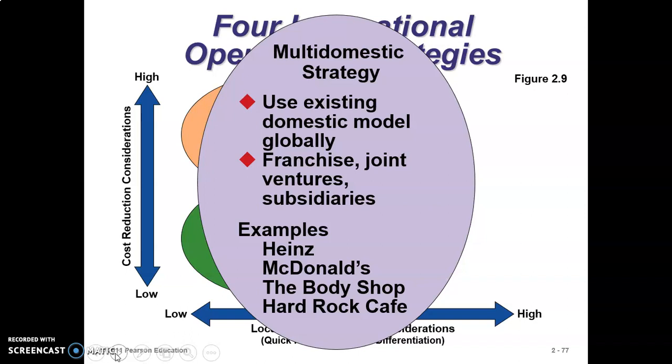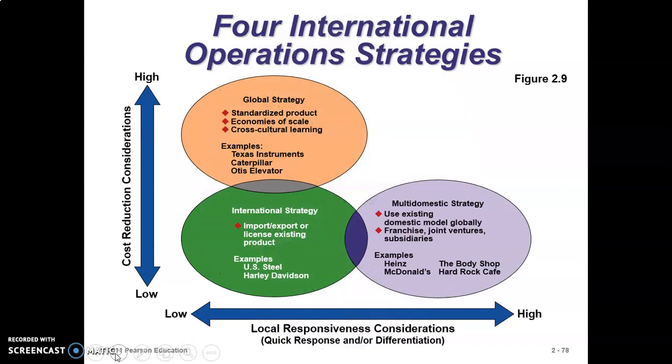Okay, let's see where these strategies take place. Other than that, we have the Body Shop and Hard Rock Cafe. If you go to Hard Rock Cafe, you can see the local dishes there. So here local consideration is very high. McDonald's at one time did not have halal, so they fought for that, and now it is halal. They also follow our taste.